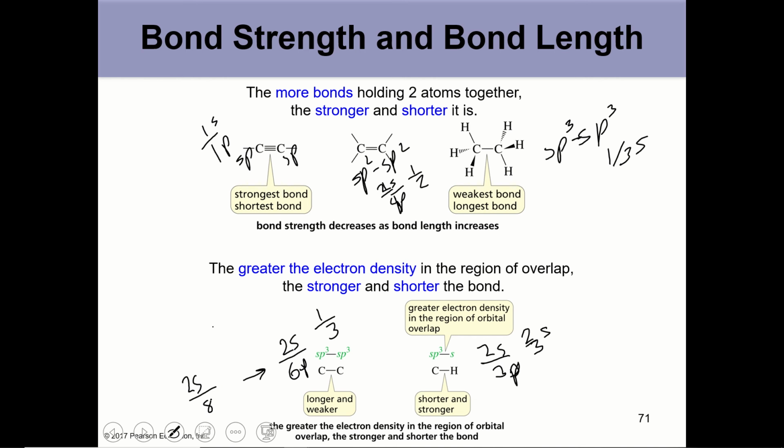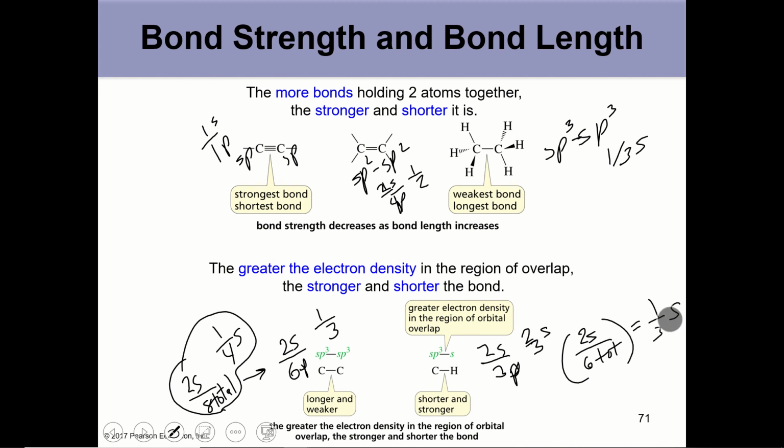So that would be 1/4 s. And for the sp to s, we could say that that is 2s out of 6 total, which is equal to 1/3 s.